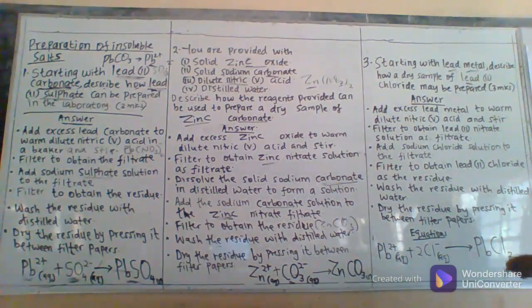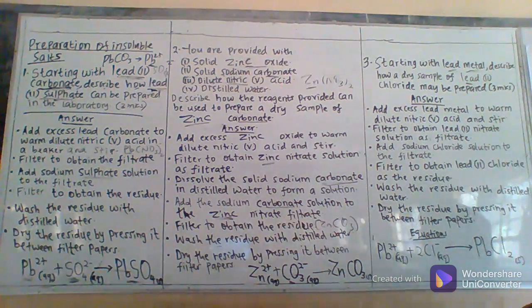It could be sodium chloride solution, magnesium chloride solution, zinc chloride solution, any solution that contains chloride ions. So that now when you react with the lead nitrate solution, the lead ions in the lead nitrate solution are going to react with the chloride ions from the soluble chloride to form an insoluble lead 2 chloride, which will now be obtained after filtration.